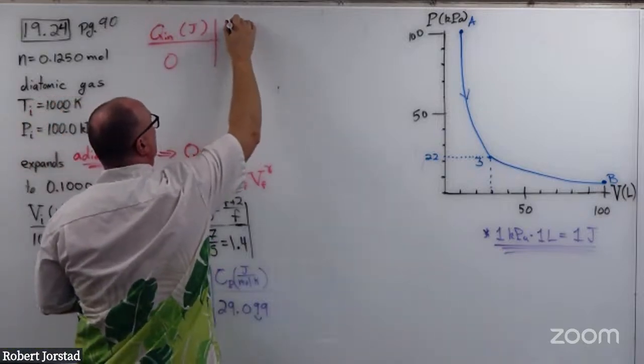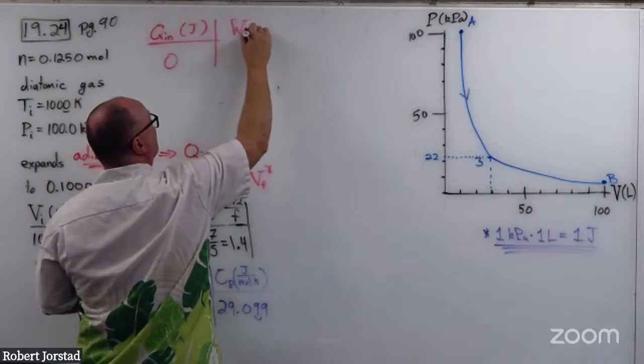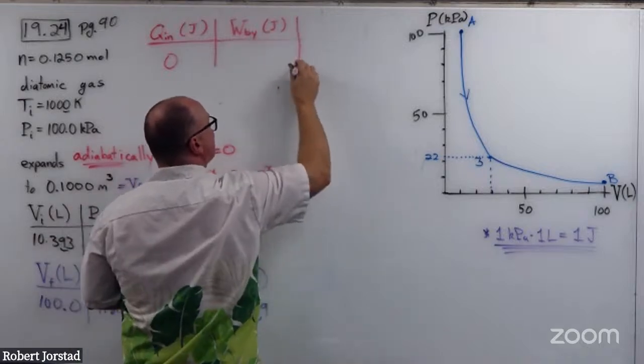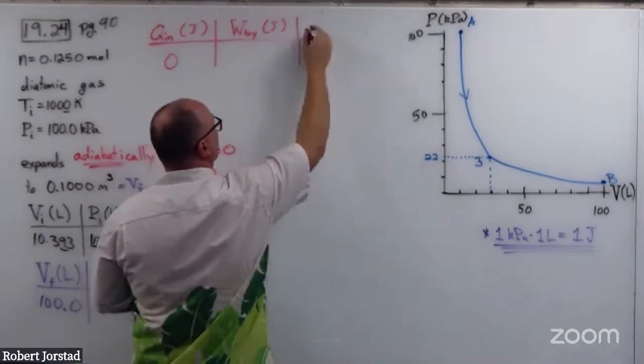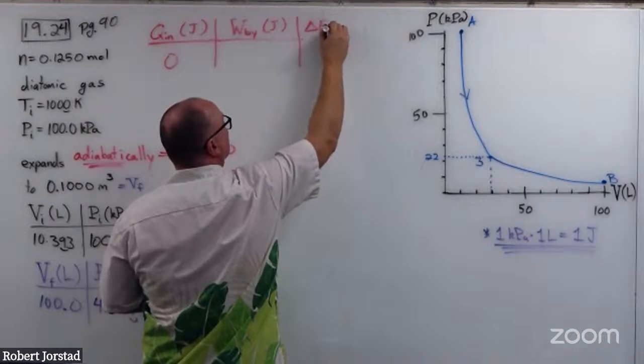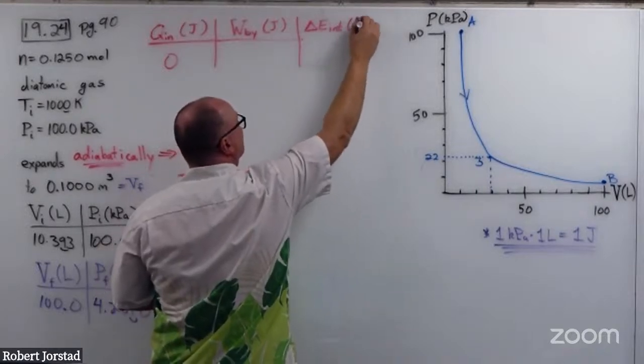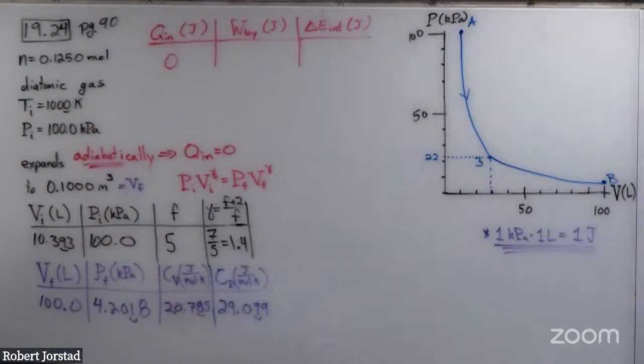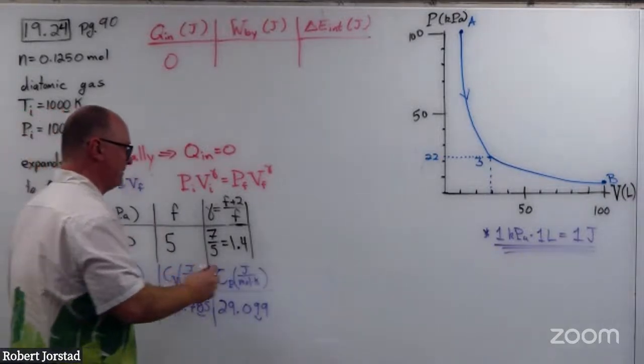We could do work done by the adiabatic process. And we could do delta E internal. All right. So what are our tricks? Shortcut.